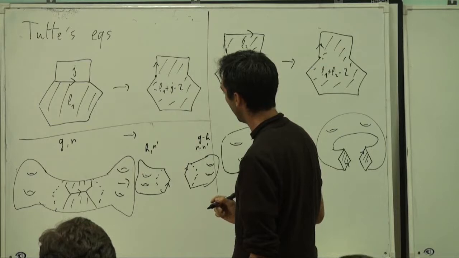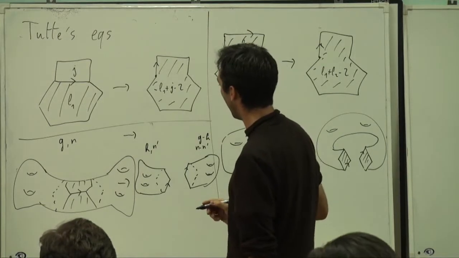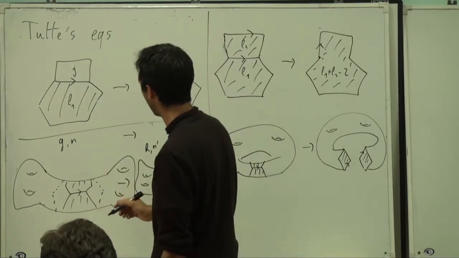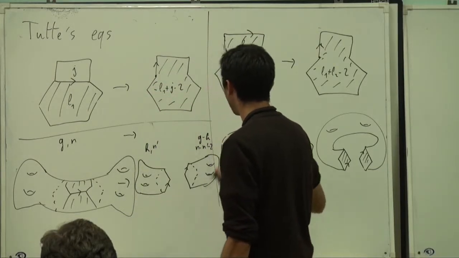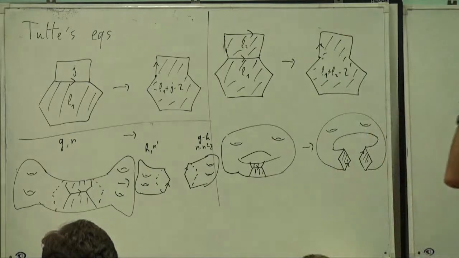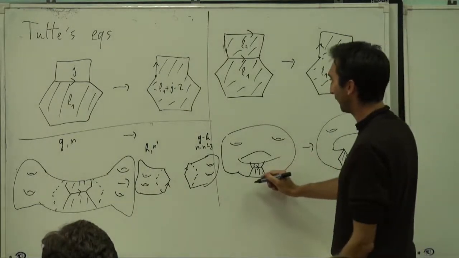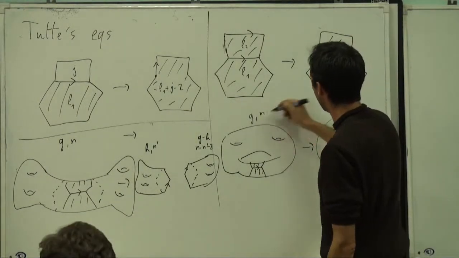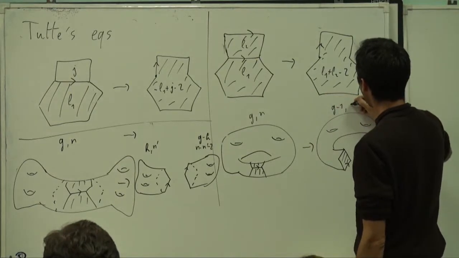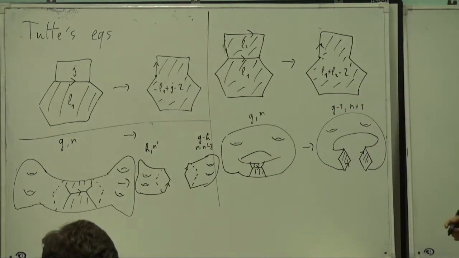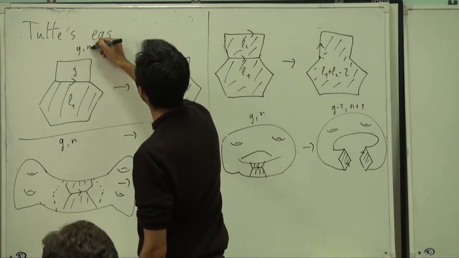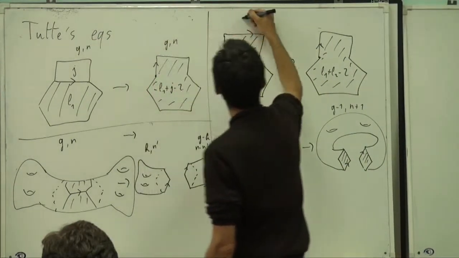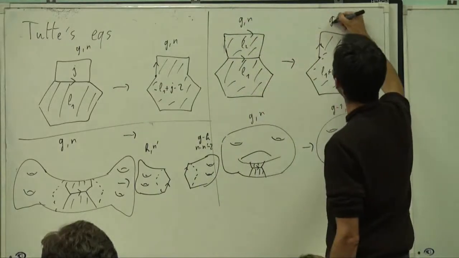No, sorry, let's not count this one, n minus n prime minus 2. And here you started with g, n, and you end up with g minus 1 and n plus 1. And here you had g, n, you end up with g, n, and here you have g, n, and you end up with g, n minus 1.